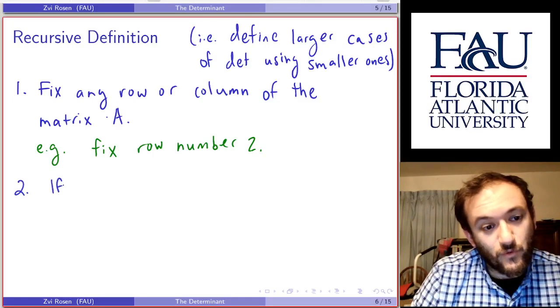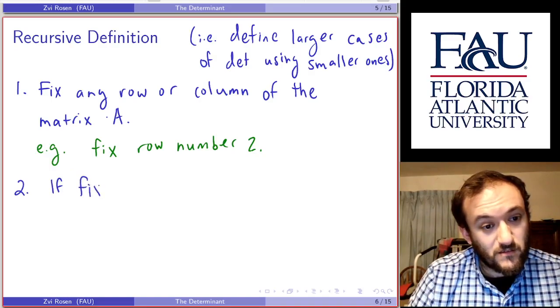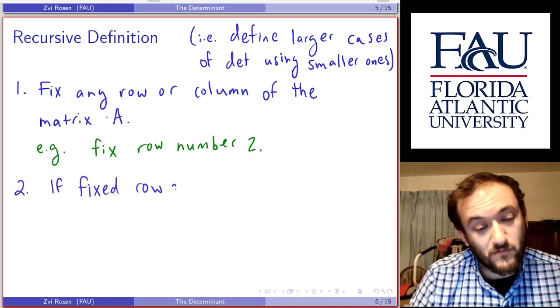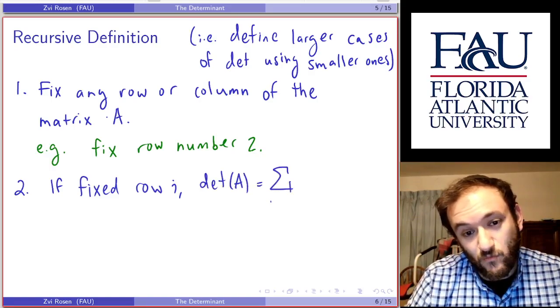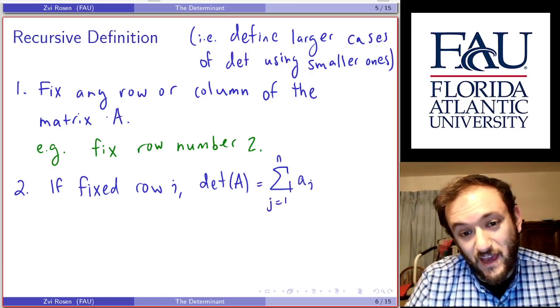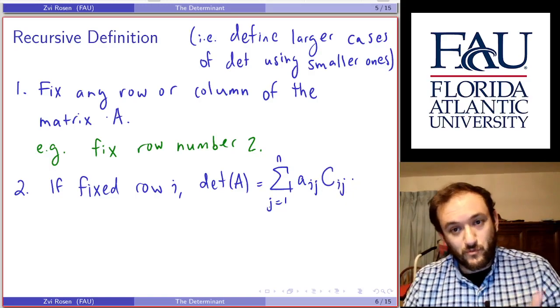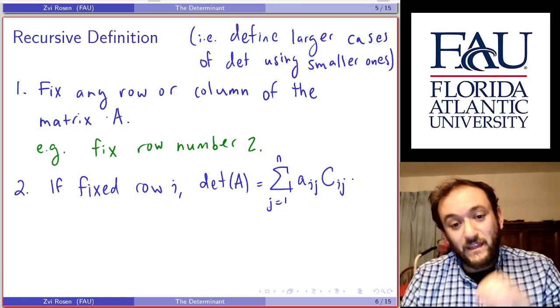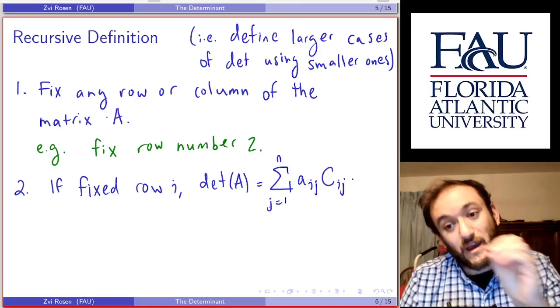So if we fixed row i, then we say the determinant of A is equal to the sum, where j goes from 1 to n, of Aij Cij. So you basically move along the row and you multiply each entry by the corresponding cofactor, and you add those all together.